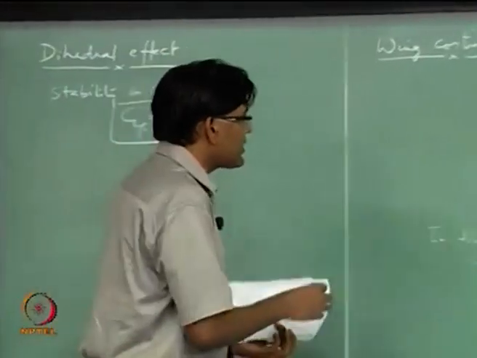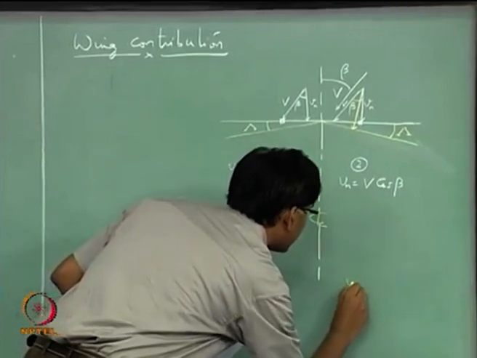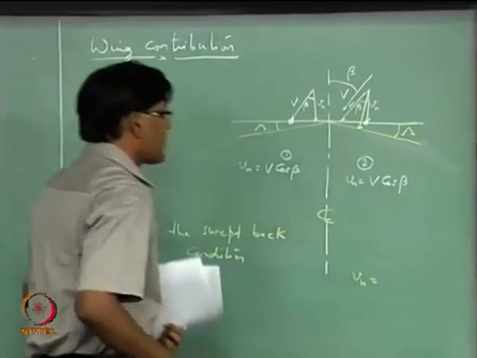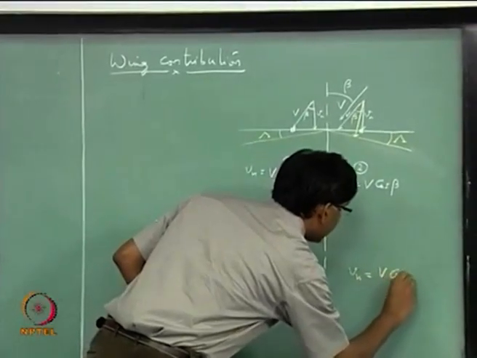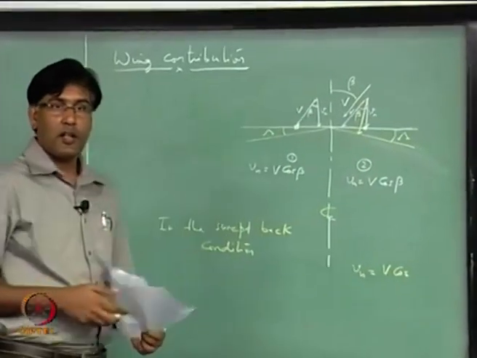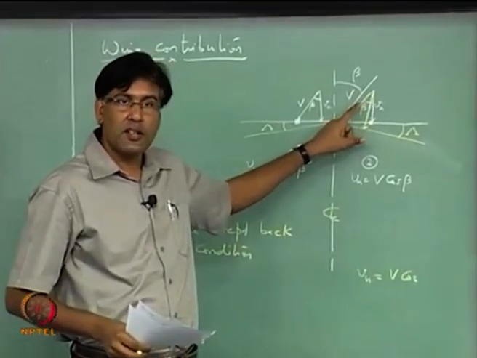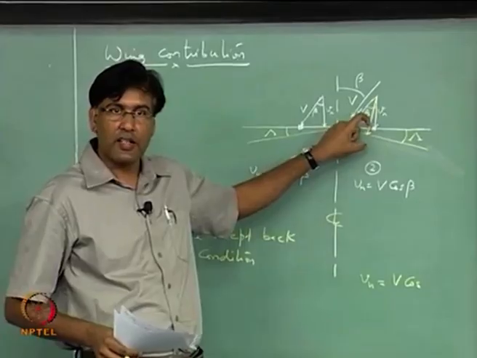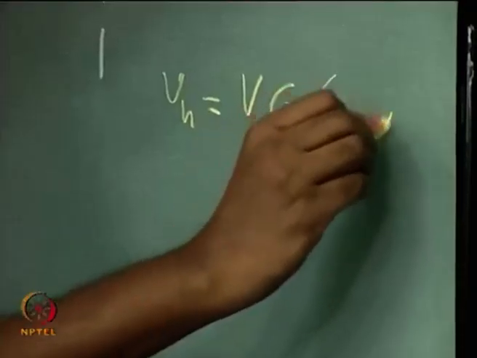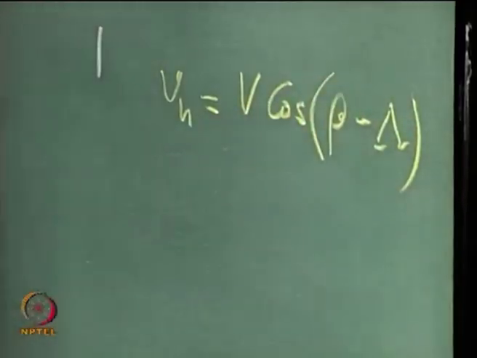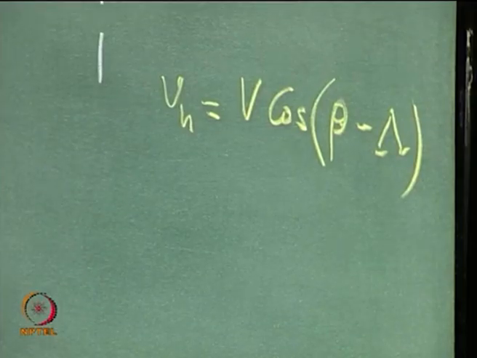So, station 1 will see Vn, which is V cos beta minus the sweep angle, right.